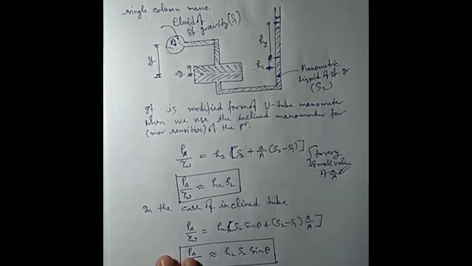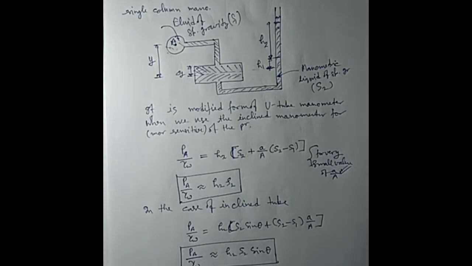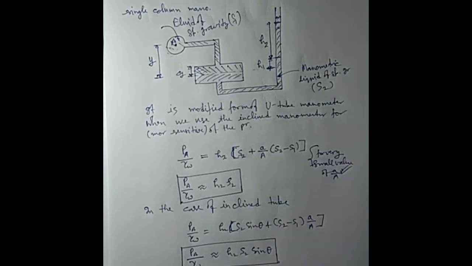Now the second one is the inverted U-tube manometer. In this type of manometer, we use the two piezometers described above, connected with each other at the top.